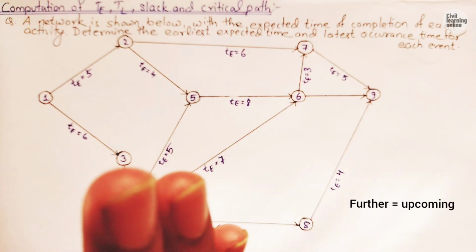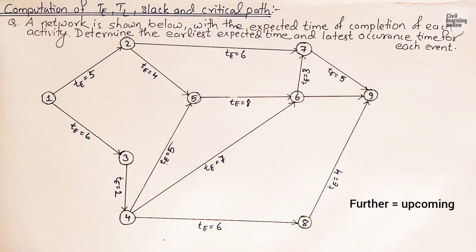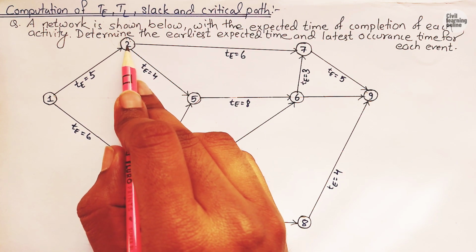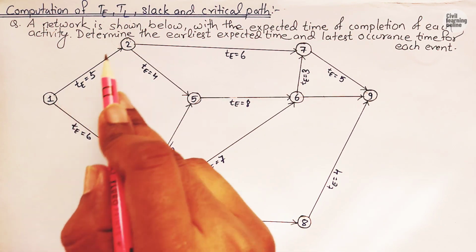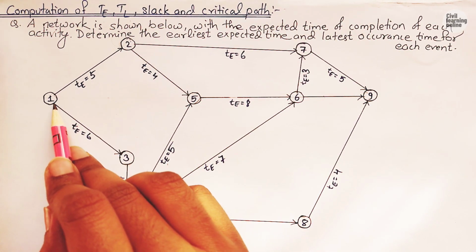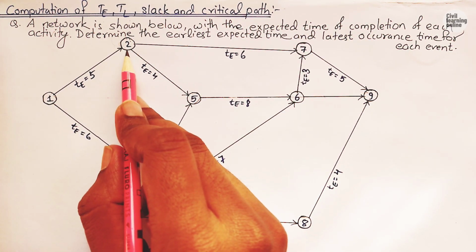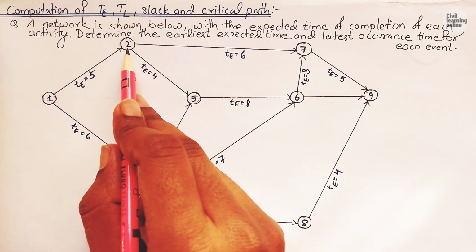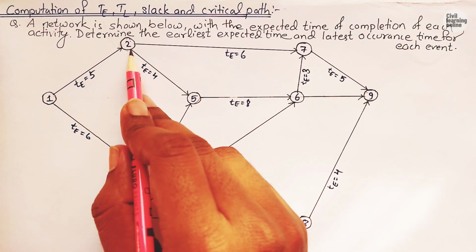Such events are called predecessor events. For example, here if we talk about event 2, event 1 is the predecessor event of event 2, because until and unless event 1 is completed, we cannot start event 2. That's why 1 is the predecessor event with respect to 2.